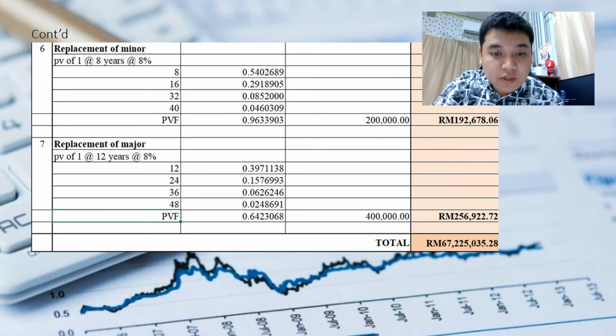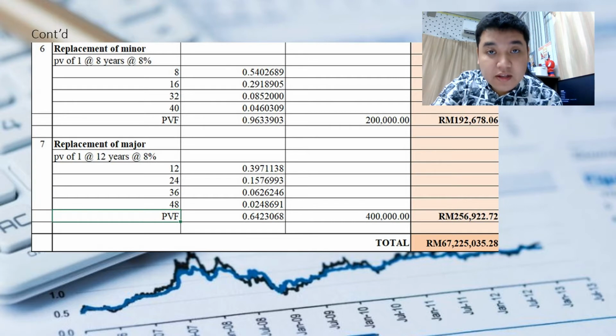Year number 32 is 0.085200. Year number 40 is 0.0460309. The total PVF would be 0.9633903 multiplied by RM200,000. We will get RM192,678.06.